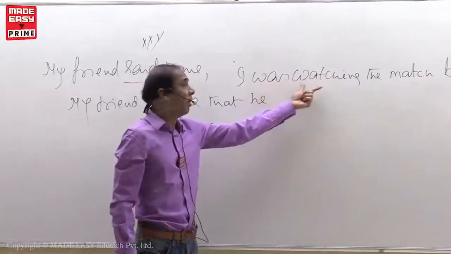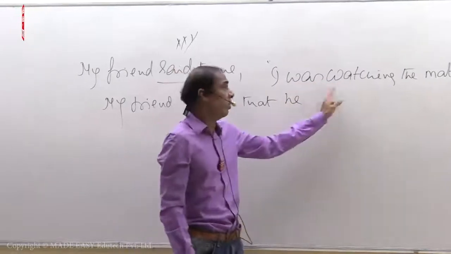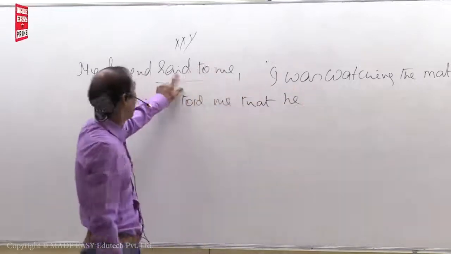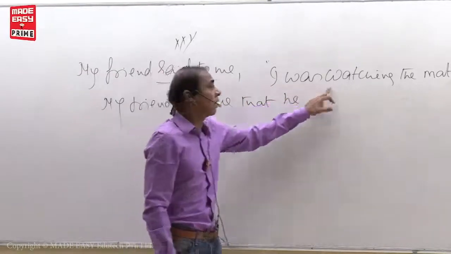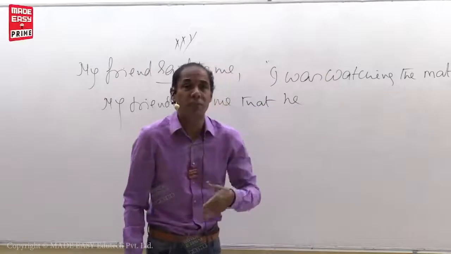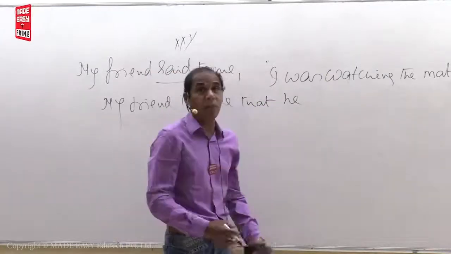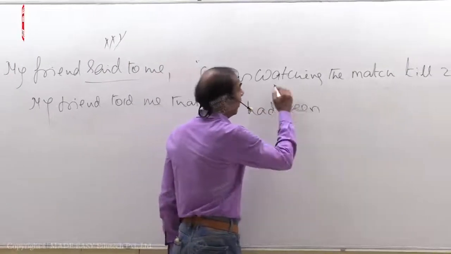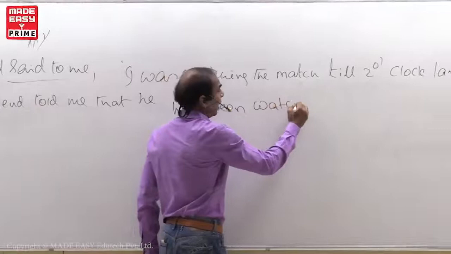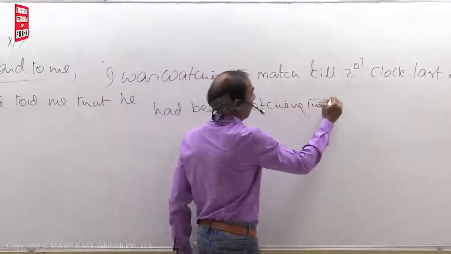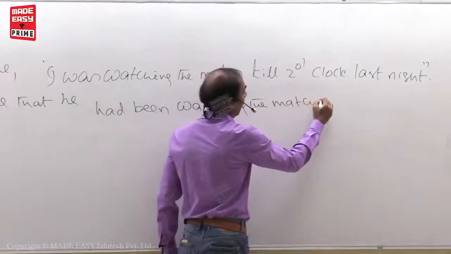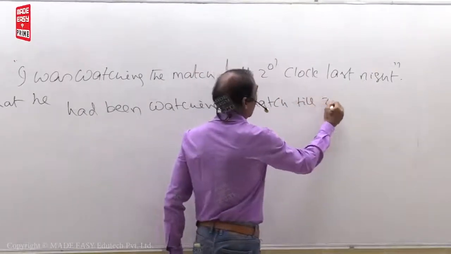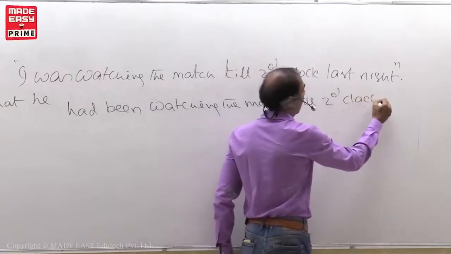Next. I was watching the match till 2 o'clock last night. Was by verb plus B1 plus ing form. This is past continuous. When the reporting verb is in the past tense, past continuous should be turned into past perfect continuous. What is the formula of the past perfect continuous? Had plus been plus B1 plus ing form. That he had been watching the match till 2 o'clock.